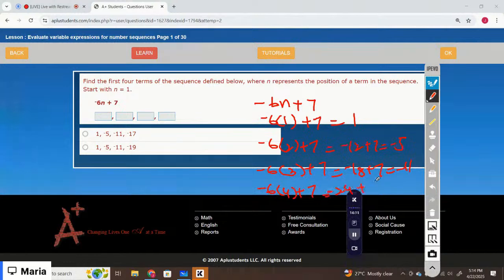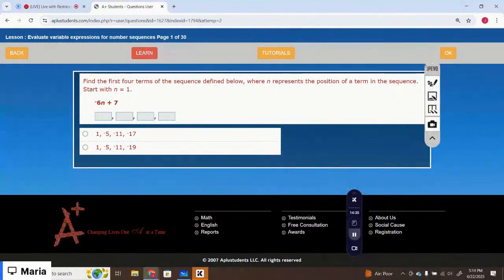Negative 24 plus 7 is negative 17. Option number 1 is the correct option: 1, negative 5, negative 11, and negative 17.